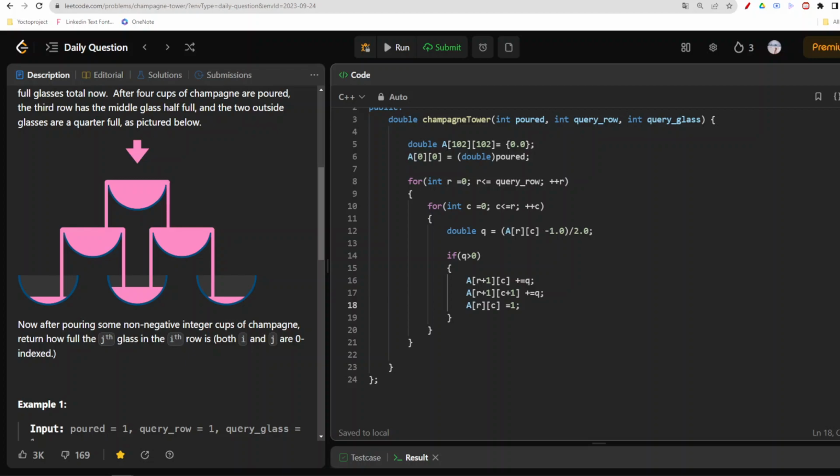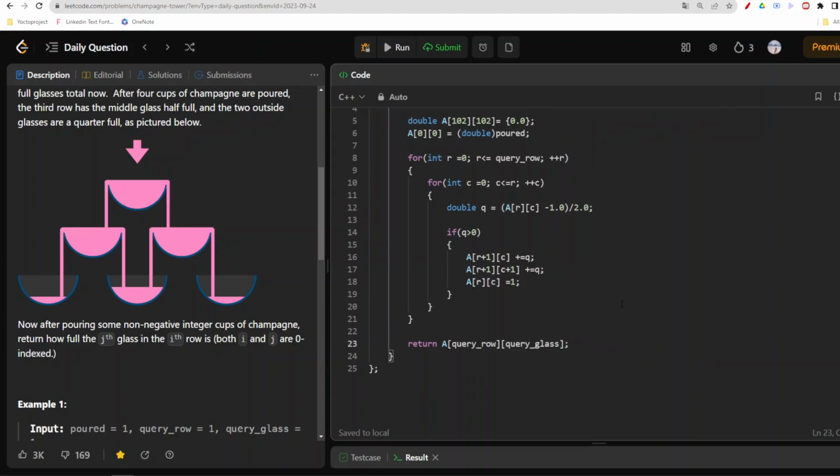And as we have taken this array, at the end what we are required to return is whatever is being asked in our question regarding this query row and query class. So at this point, whatever value would be stored, that we will be returning.